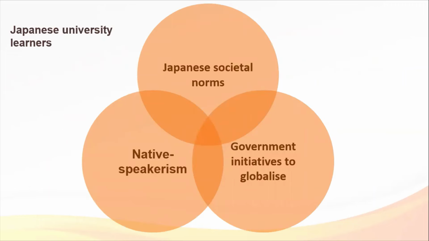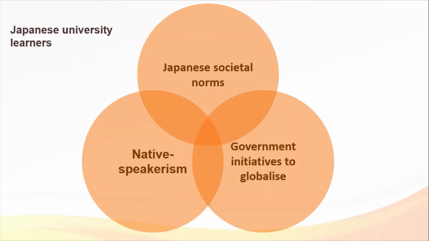So it was these three sort of external, outside factors which are maybe affecting or have affected Japanese university students by the time they reach university. Those three things being societal norms, so the pressure to be correct in the classroom, the hierarchical society, government pushes to globalize.